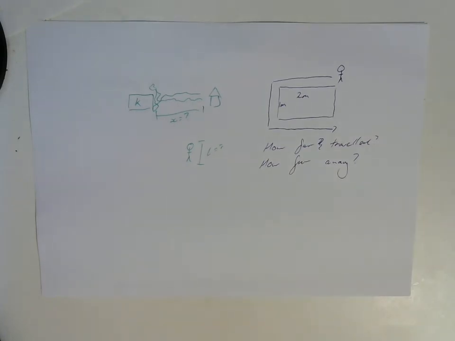Or I could ask how far away am I from where I started? I want you to pause the video and think about how you could answer these two questions.